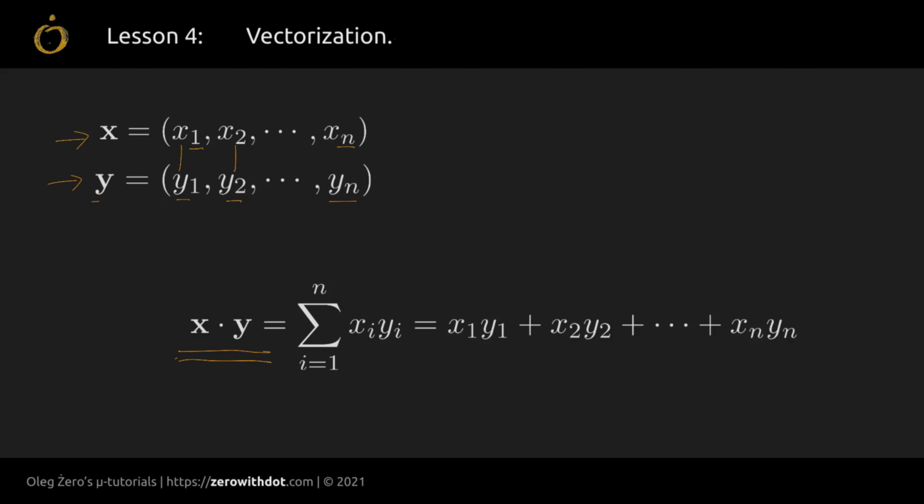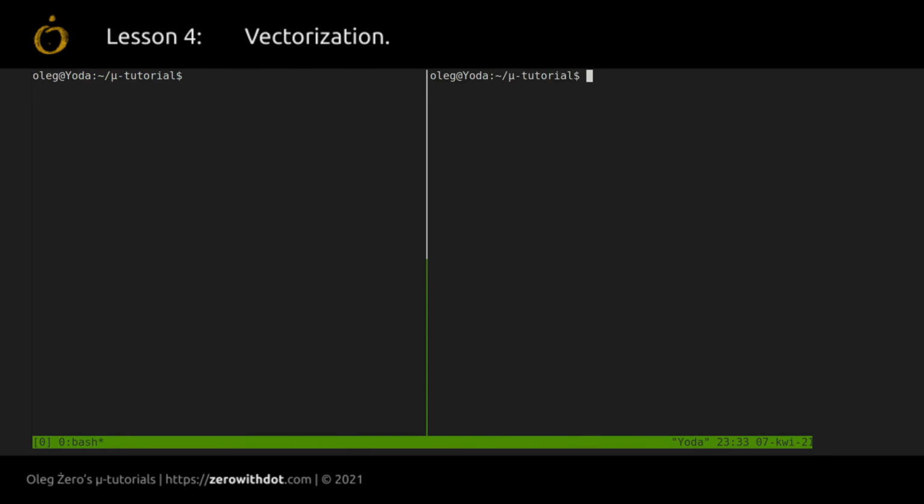So this is the first operation that we can vectorize, and as you can see, all we need to do is to make sure that we multiply the relevant elements and add them together. Okay, let me split the terminal window into two so I can show you both the computations in the terminal.